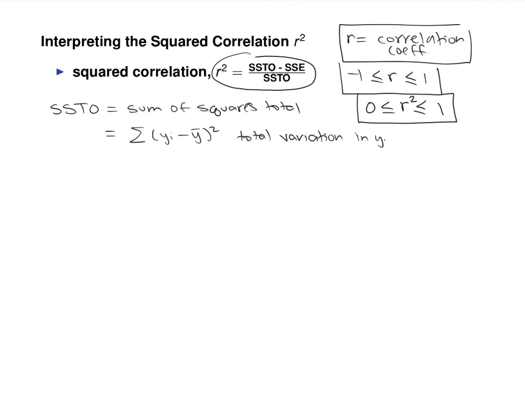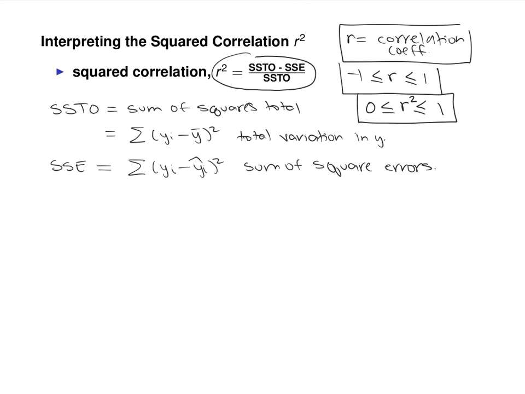It's looking at how much y varies from its mean. The reason for squaring is that otherwise variations above and below the mean would cancel out. So you square to accommodate for that. And recall that SSE was the sum of squared errors. So that's the sum of y sub i minus y sub i hat, squared.